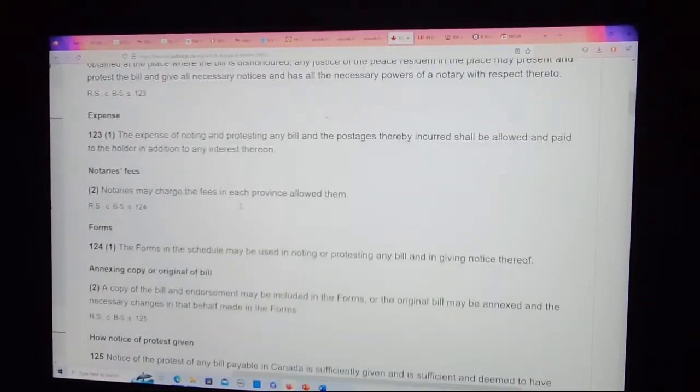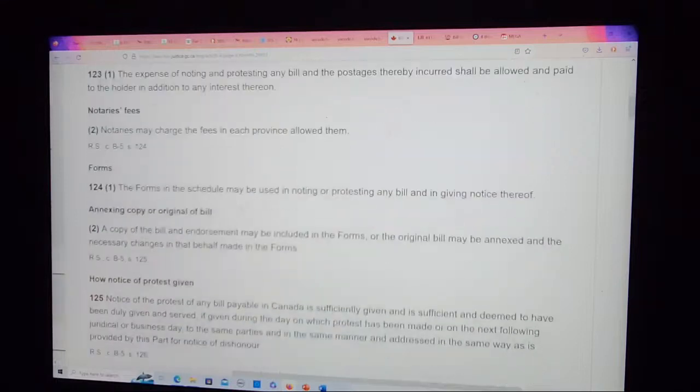Expense. 123. 1. The expense of noting and protesting any bill and the postage thereby incurred shall be allowed and paid to the holder in addition to any interest thereon.